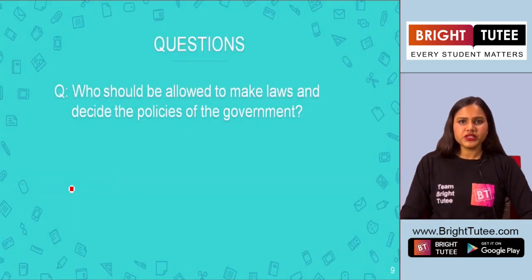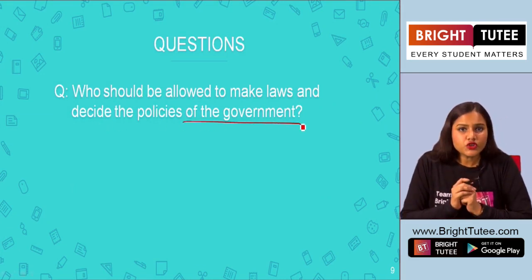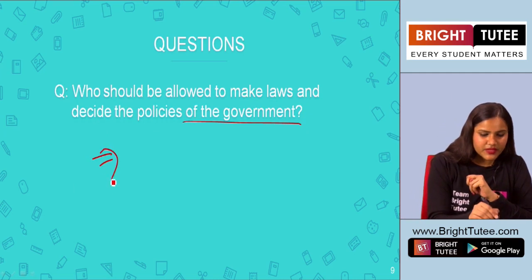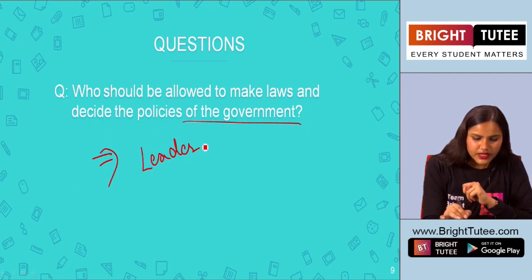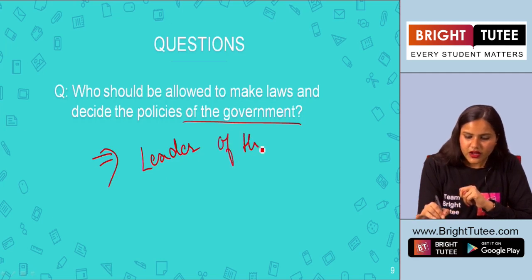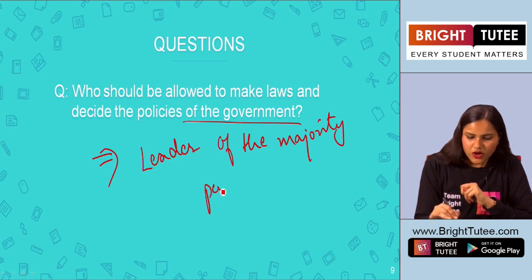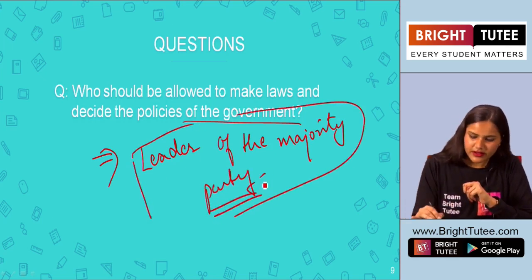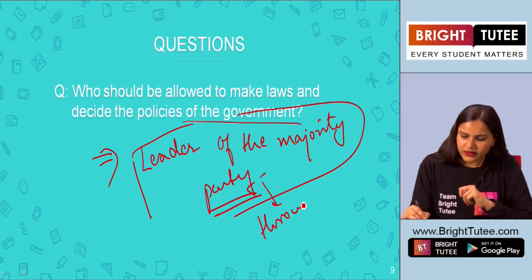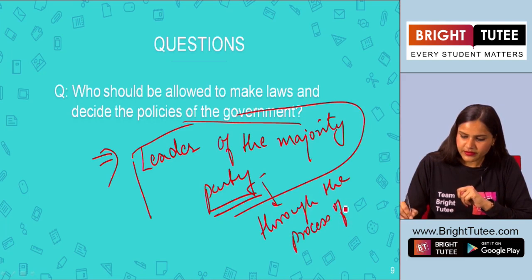The second question here is, who should be allowed to make laws and decide the policies of the government? Who should do that? Now, it is the leader of the majority party who has been elected, right, through the process of election, right?